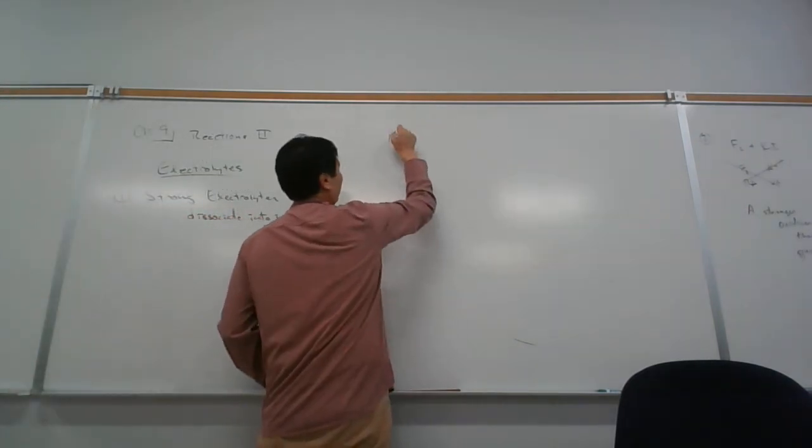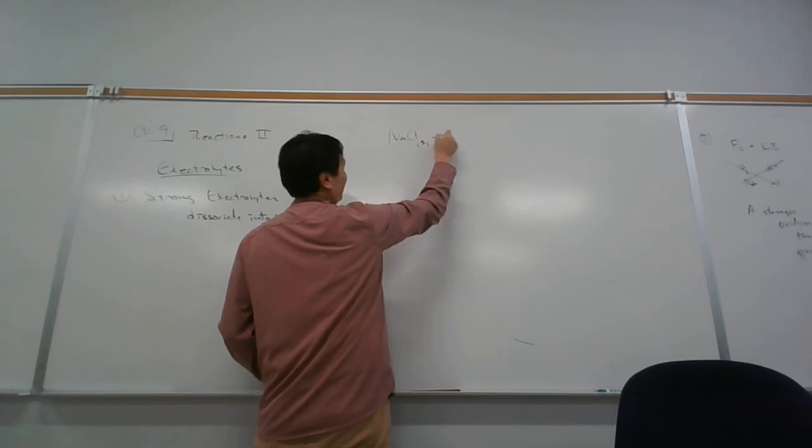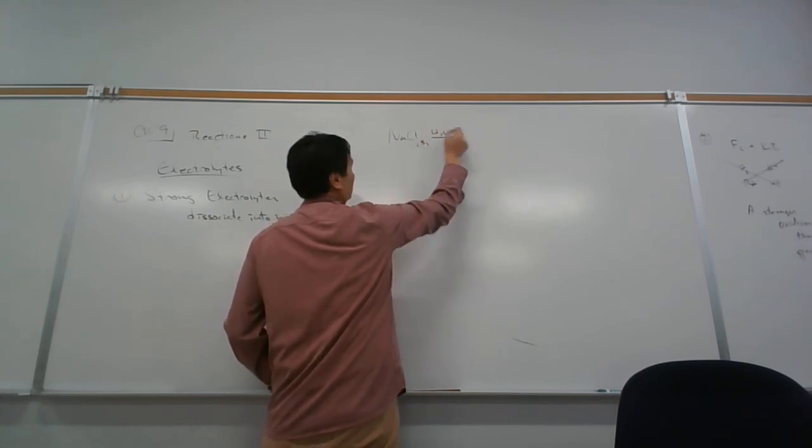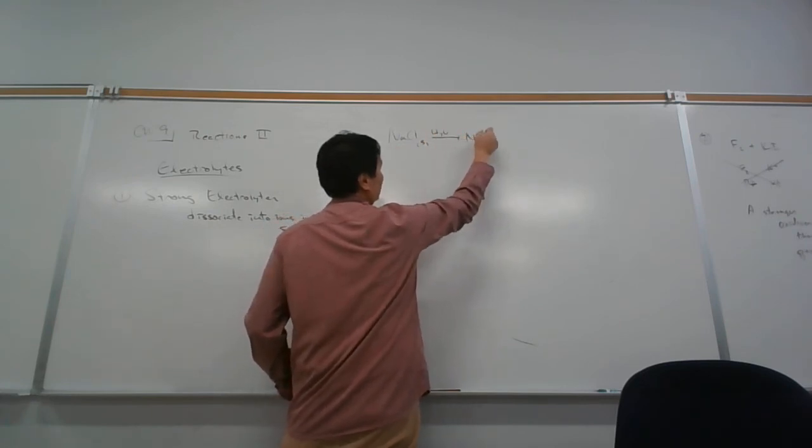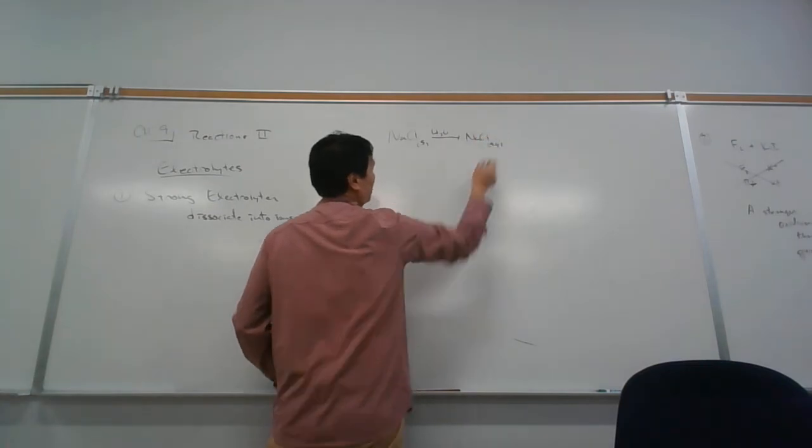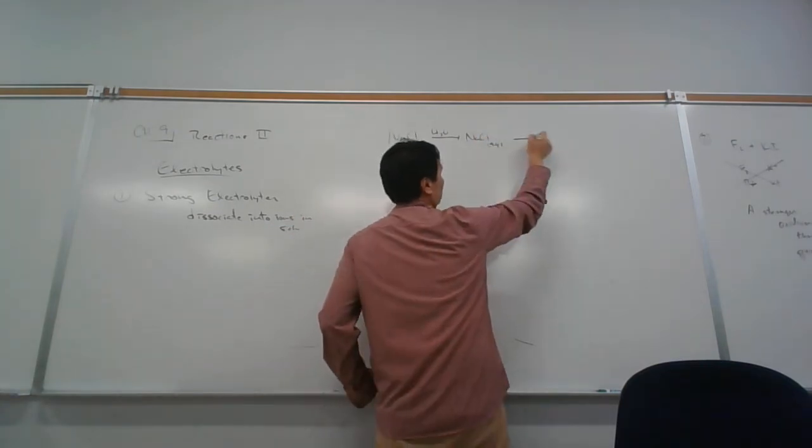So if I have table salt, sodium chloride solid, it's water soluble, because all sodium salts are soluble. So that gives sodium chloride aqueous. But sodium chloride aqueous is a strong electrolyte.